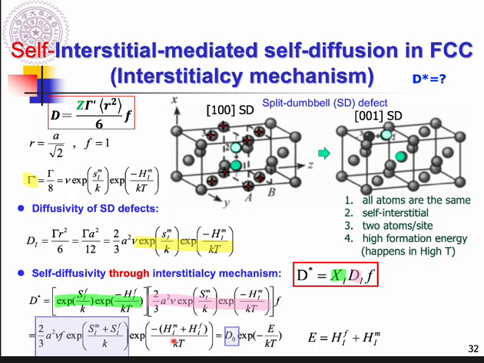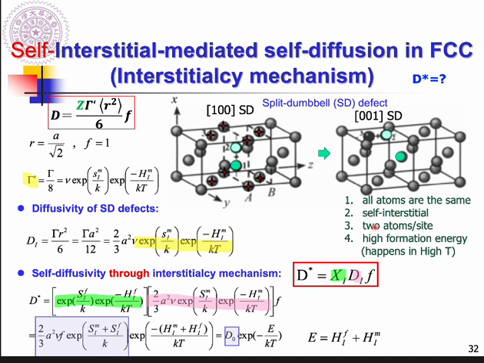Okay. So this is just a quick reminder of how to understand or know whether your system belongs to the interstitial mechanism. The characteristic of this diffusion mechanism, the interstitial mechanism, is that all the atoms are the same kind of atoms, and there are self-interstitial defects, which means that the host atom is located at an interstitial site.